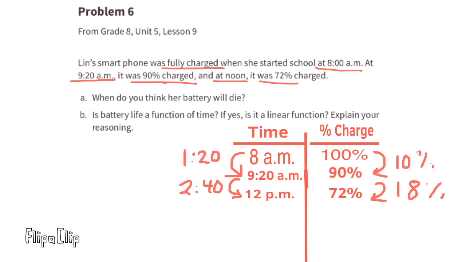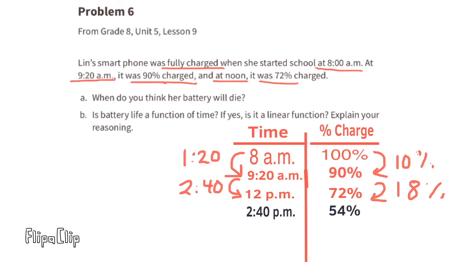From 8 a.m. to 9:20, an hour and 20 minutes passed and the phone lost 10% of battery. From 9:20 to 12, 2 hours 40 minutes passed and it lost 18% of battery. At this rate, if another 2 hours and 40 minutes passed, it would be 2:40 p.m. and let's say the battery lost another 18%.